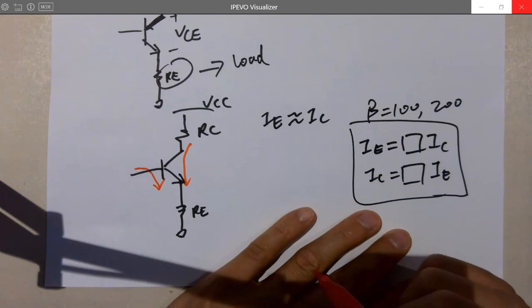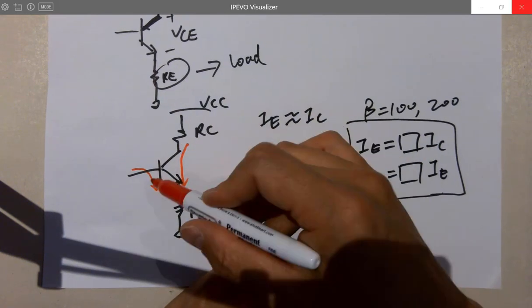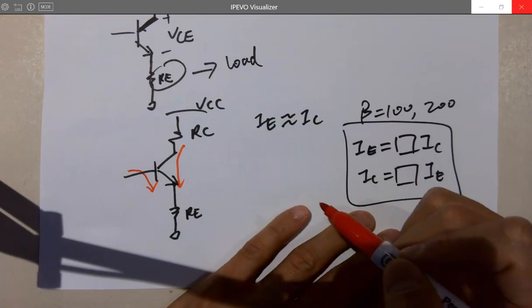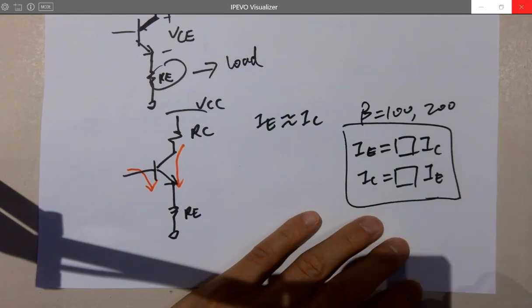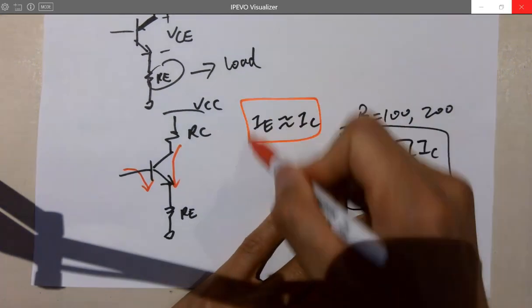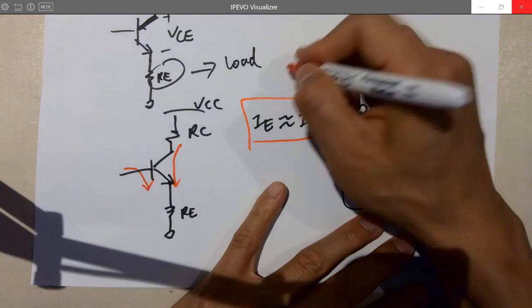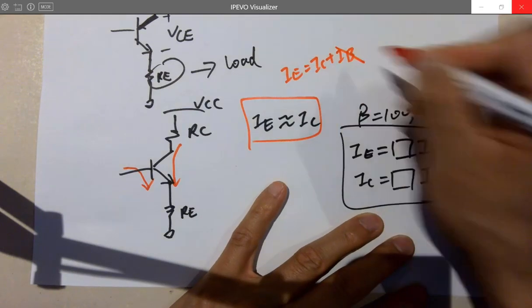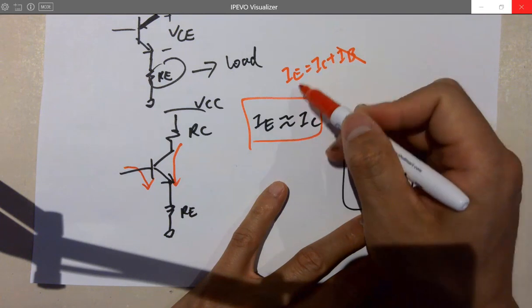And IB is tiny because IB is amplified by 100 times to get IC. So IB compared to IC is tiny, only 1%. So that's why we can assume this, because IE literally is IC plus IB, and IB is tiny, right?